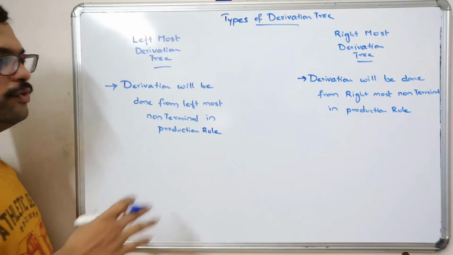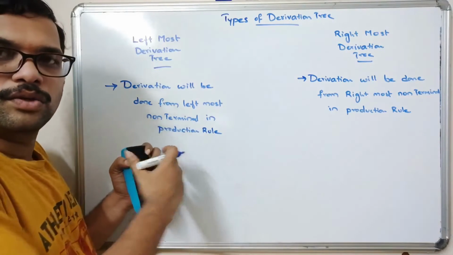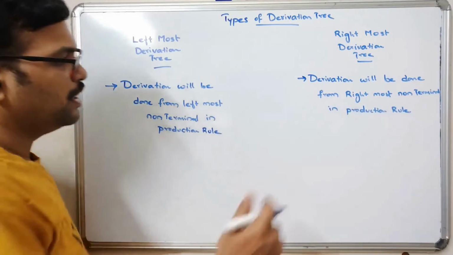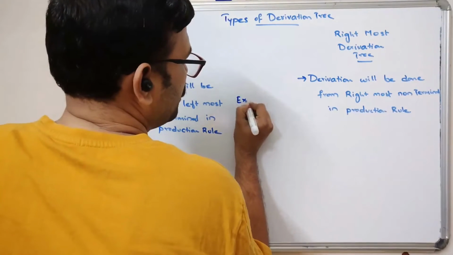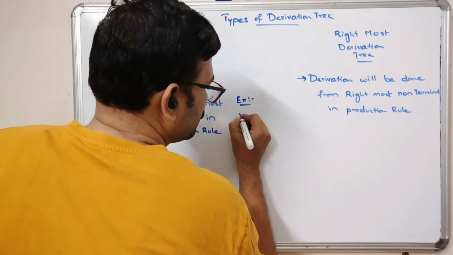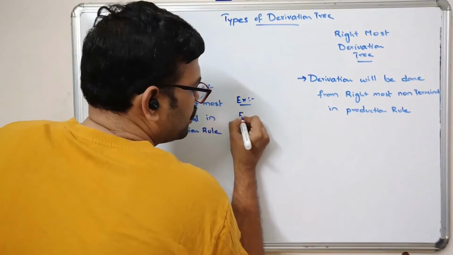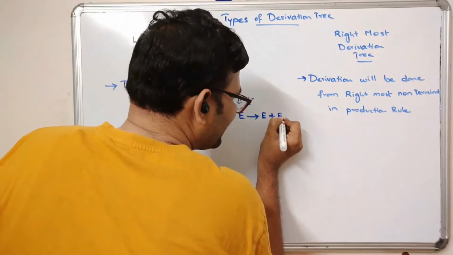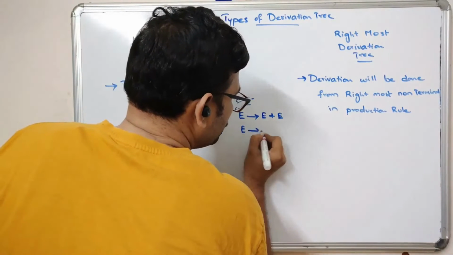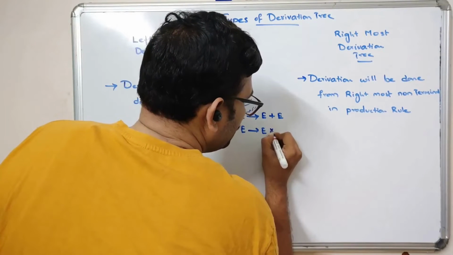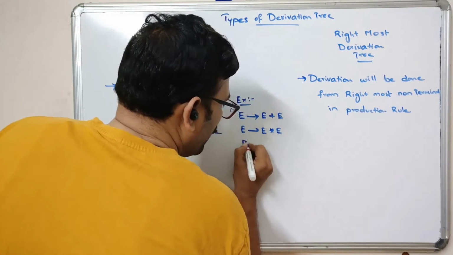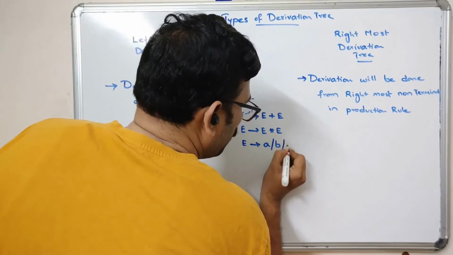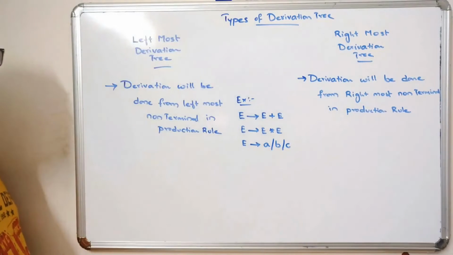So we are moving from the leftmost non-terminal to the terminals, and here we will move with the rightmost. Example, let us take the productions: E tends to E plus E, and again E tends to E into E, where E tends to A or B or C. Okay, so this is the example.